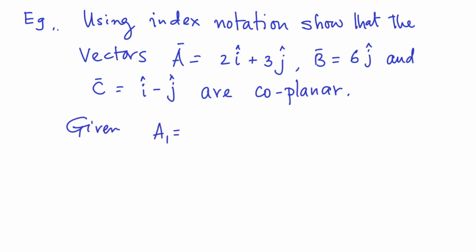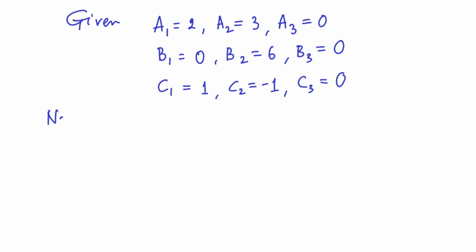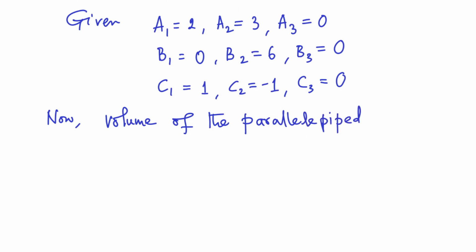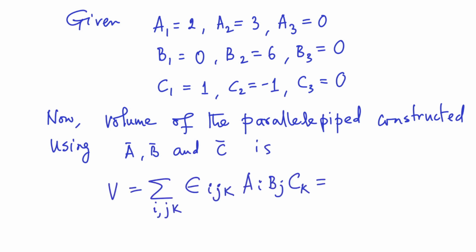As you see here, we can express the components of the vectors A, B, C. Now the volume of the parallelepiped constructed using the vectors A, B and C we have already worked out earlier, which is epsilon ijk ai bj ck, summation over ijk.